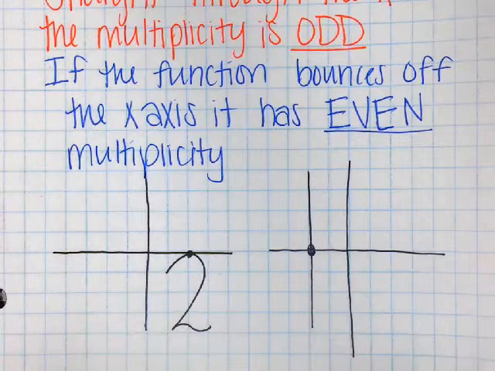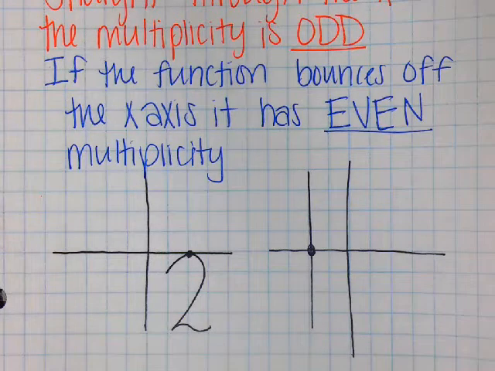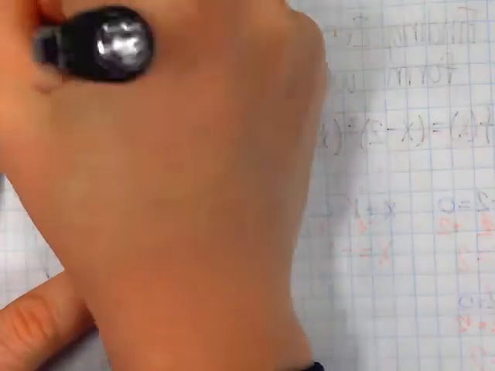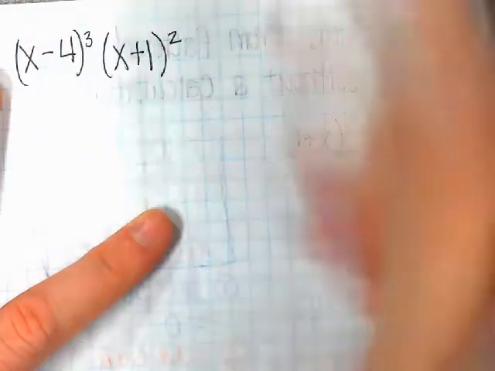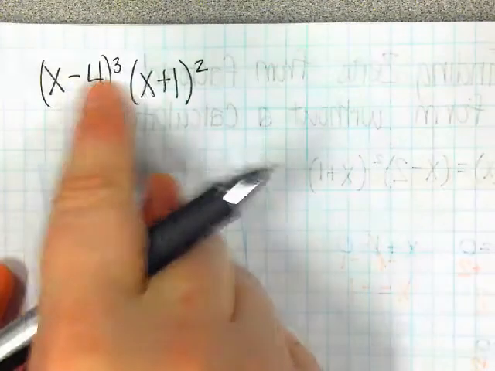So 1 goes straight through, 2 bounces off. Okay, let's do one more. So if I have x minus 4 cubed and x plus 1 squared.